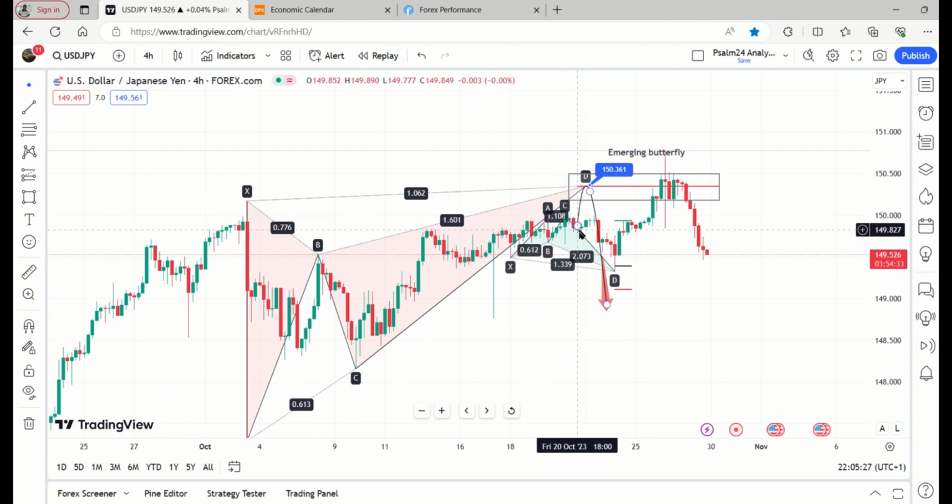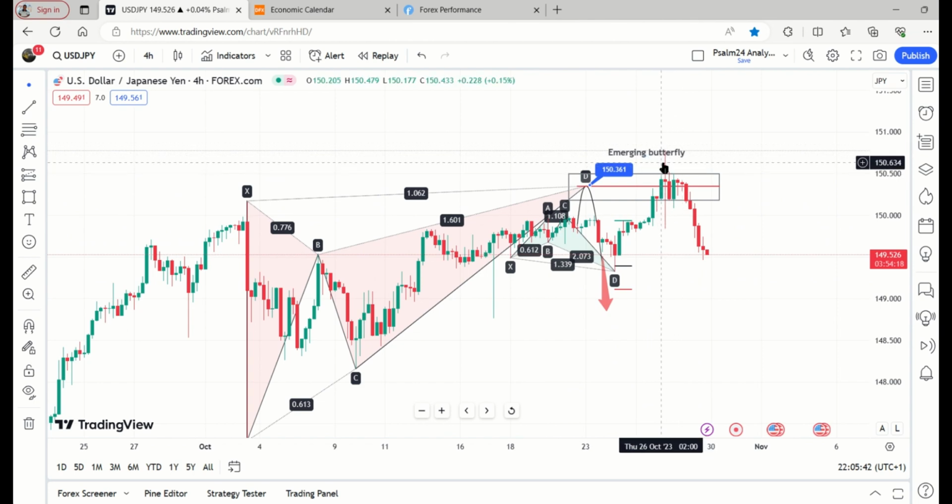We said at the time we did the analysis that the market has the potential to come up before the drop, and that was what happened. The market left this point and came up. The drawdown is less than 50 pips, and then it has given more than 80 pips from this point that was our key area.